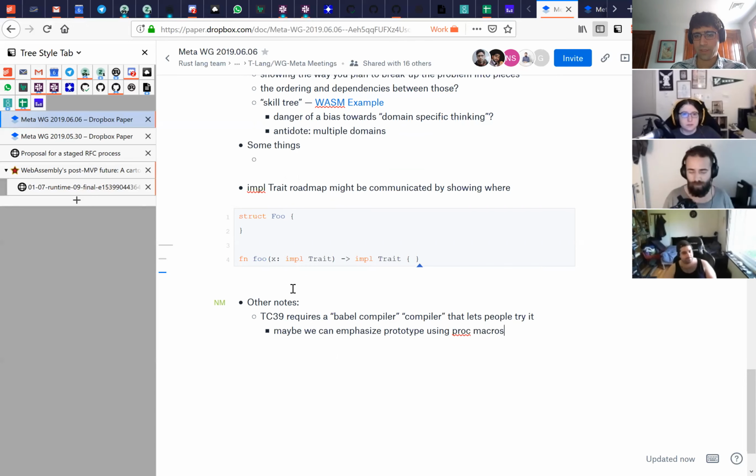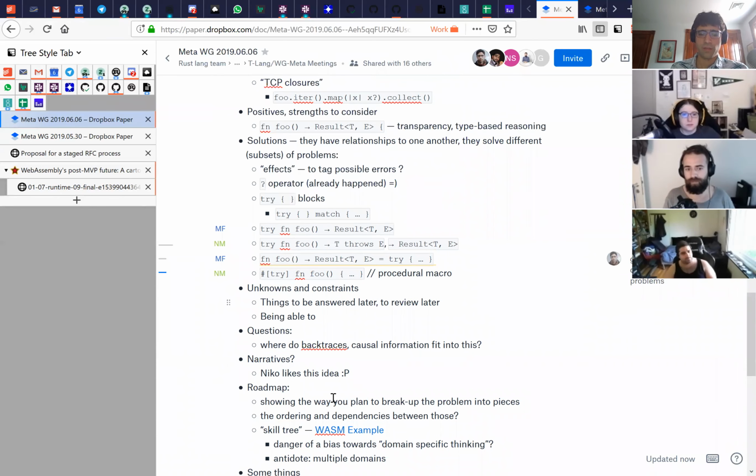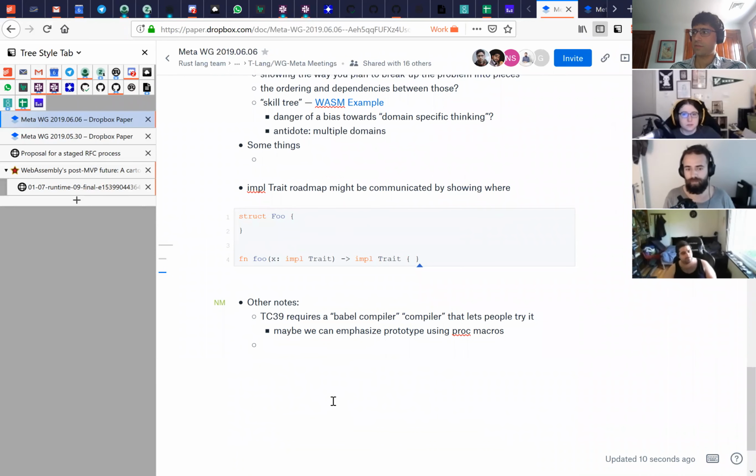So proc macros, and the other thing would be, maybe it's more of a general thing, but looking at, in general, factoring out the solution space, we might bias towards solutions that enable experimentation via proc macros to feed into later solutions. Which I think we don't currently.